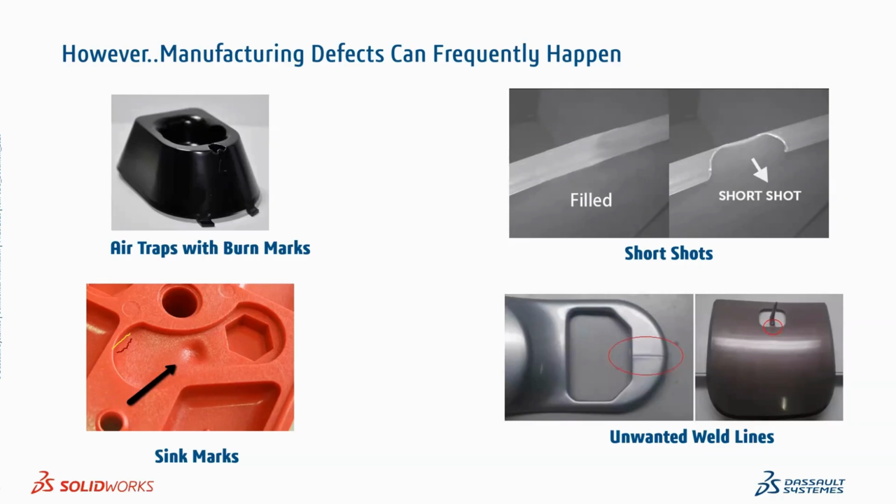Then we can also have short defects where the molten fluid is unable to reach its final destination. So it freezes early. Then we can also get sink marks, which is not good for our aesthetic. Then we can also get unwanted weld lines.